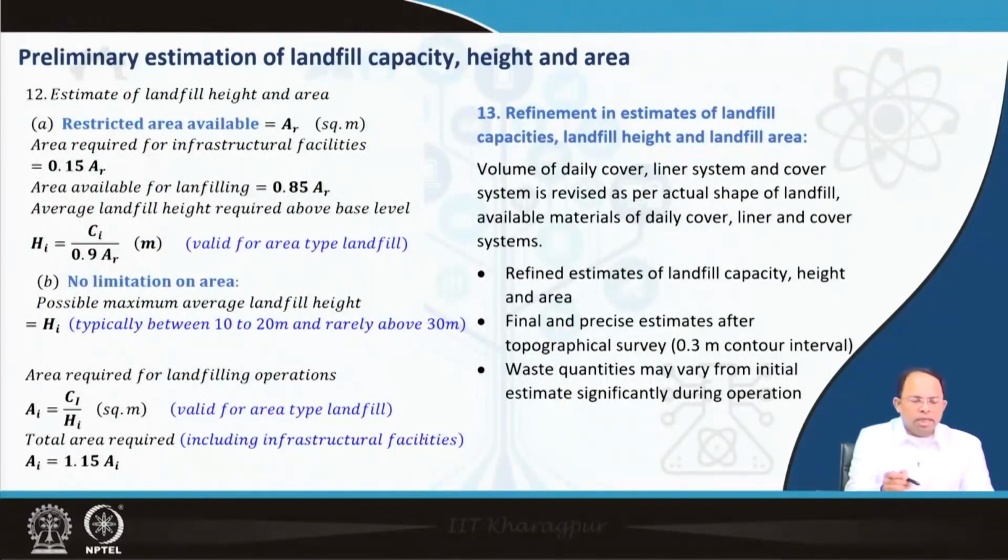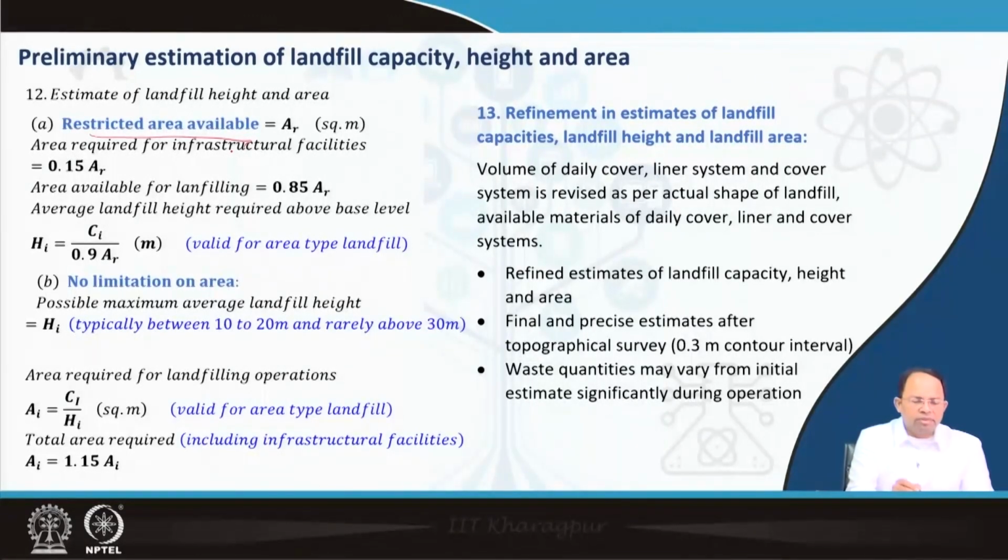So the first assumption is that the area is restricted, right? That means we have a fixed area for the landfill site. So we now know the volume that is required for this overall waste and allied material volume, covered volume and so on.